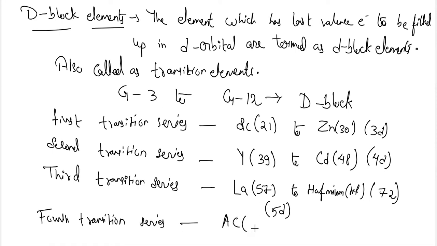In this fourth transition series, the elements go from actinium, 89, to rutherfordium, with atomic number 104, to copernicium, Cn, and the atomic number is 112.